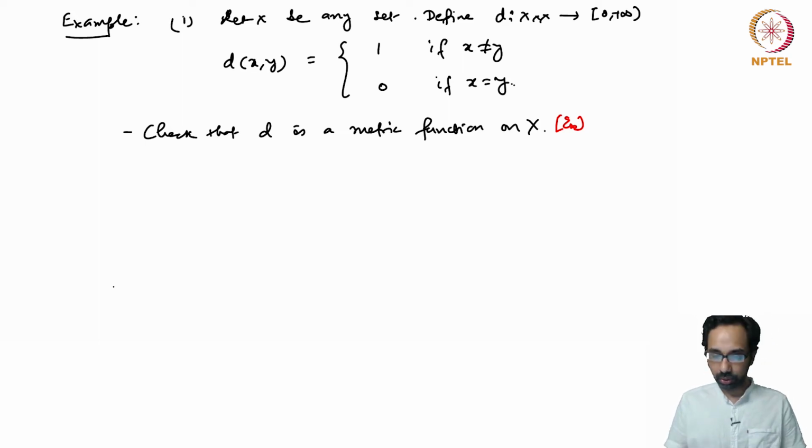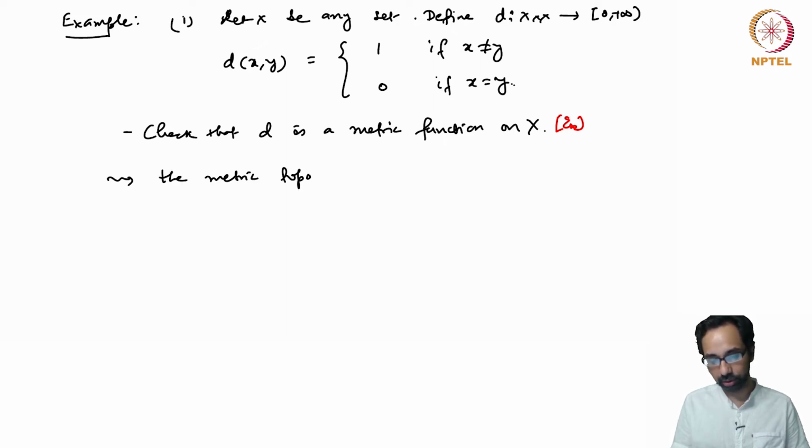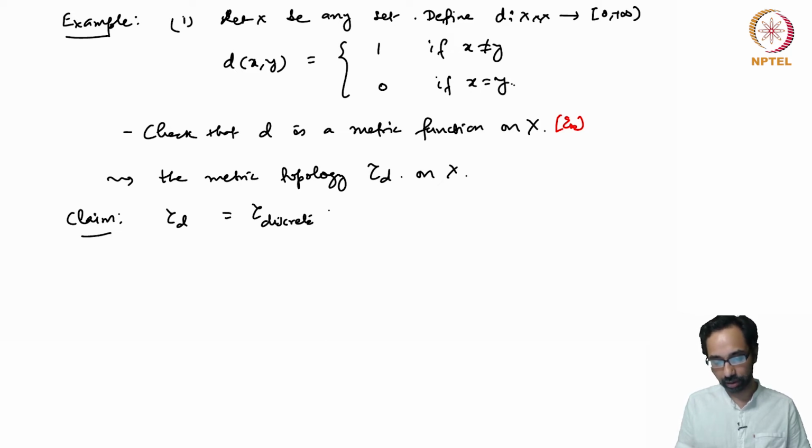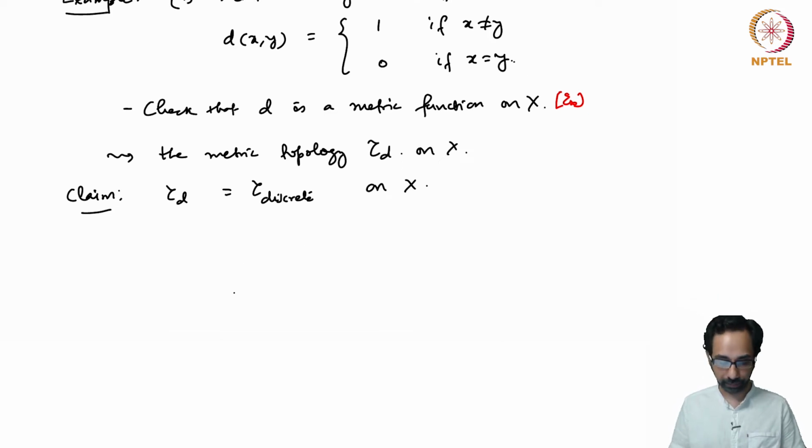So assuming that D is a metric function, it induces the metric topology tau D on X, and I claim that tau D is nothing but the discrete topology on X. So let us see a quick proof of this claim.